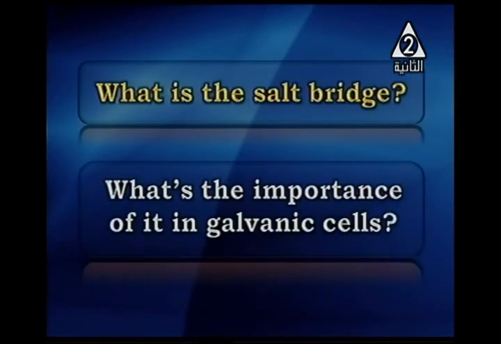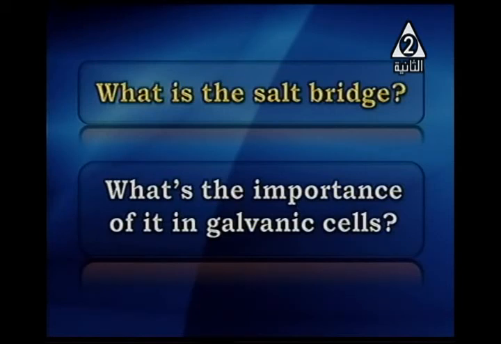After that, what is the salt bridge? The salt bridge is very important for these cells, the Daniell cell or galvanic cells generally. What is the importance of this one in the galvanic cell?